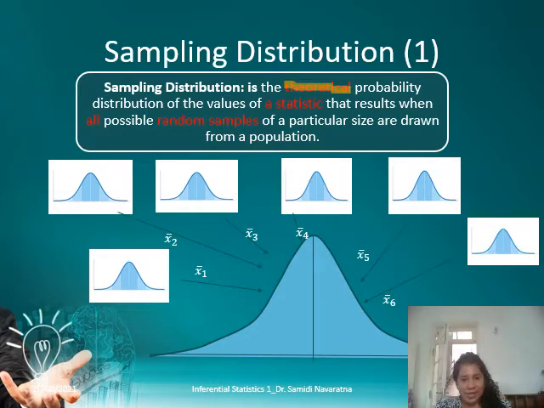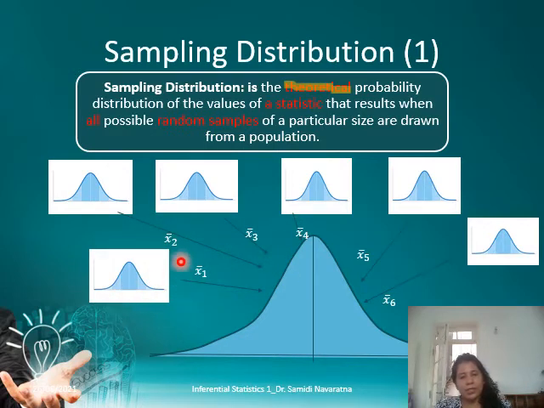Now as illustrated here, you take all the possible random samples from the population you are interested in, and then for each sample, you calculate a summary statistic. That is, in this case, I have taken the means. So for each of these samples, there's a corresponding mean.